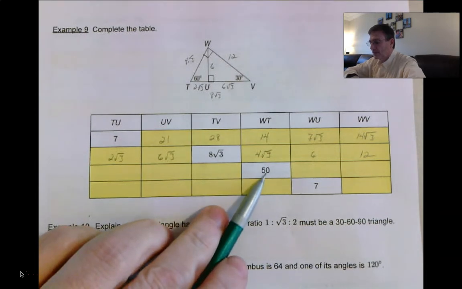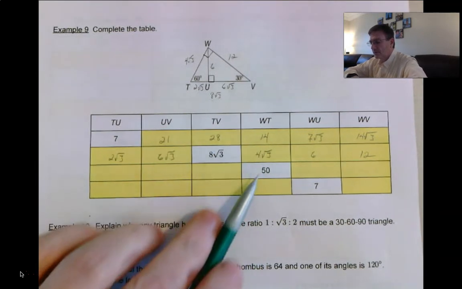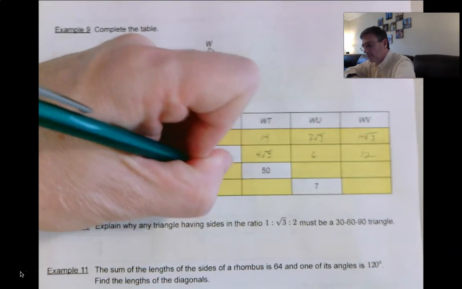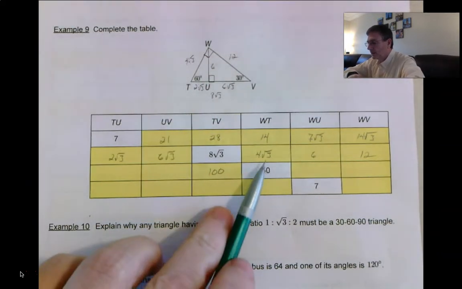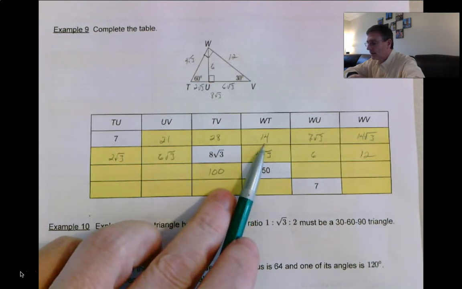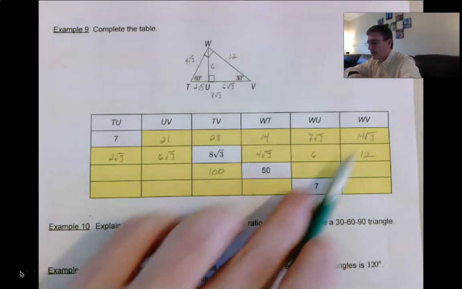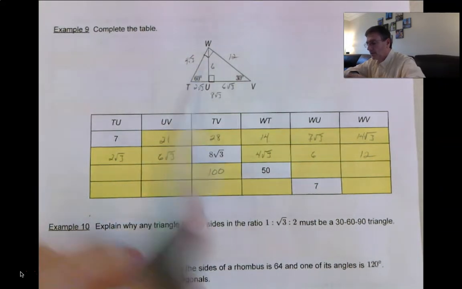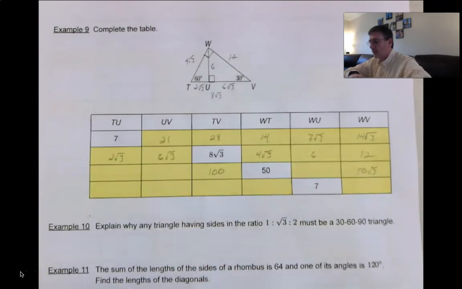Relationship between WT and TV. It's half. So this is 100. Relationship between WT and WV is multiplied by the square root of 3. 50 square root 3.